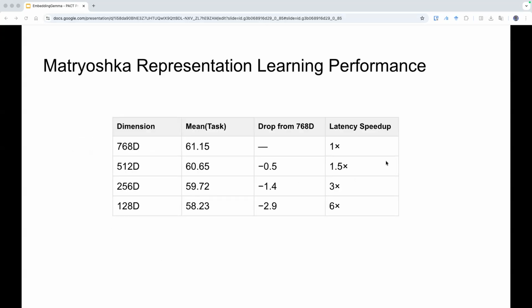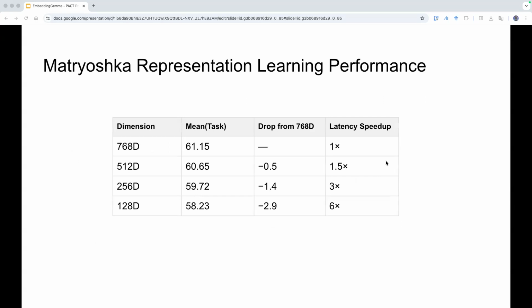By using this, they got huge speedups. The model size is 300 million parameters, and when you use it on handheld devices and such, you can generate embeddings. But imagine doing similarity search on 768 dimensions for all your documents; it impacts the performance.